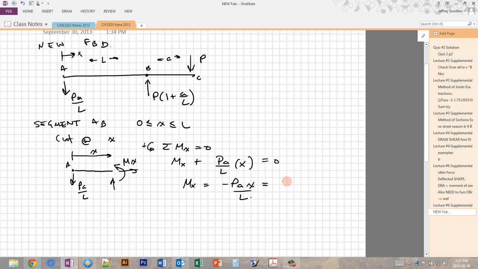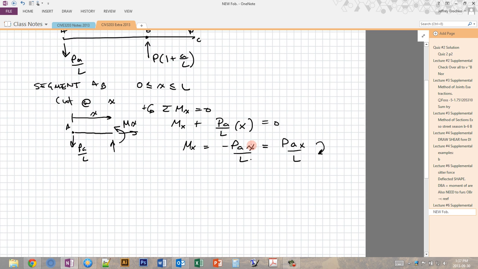So we know that it is PAx over L in the clockwise direction because we've done it counterclockwise. Now, in general, we're going to use this formulation since we're going to integrate. We want to keep track of the moments in their absolute positive or negative form. So you want to recall, if we're talking about moments, our sign convention is like this.